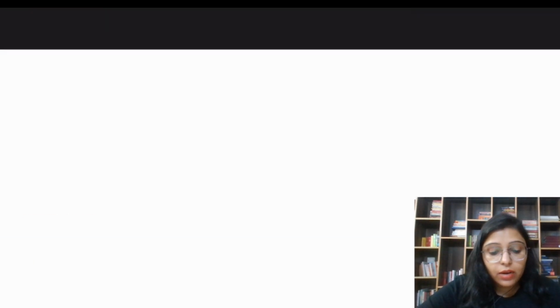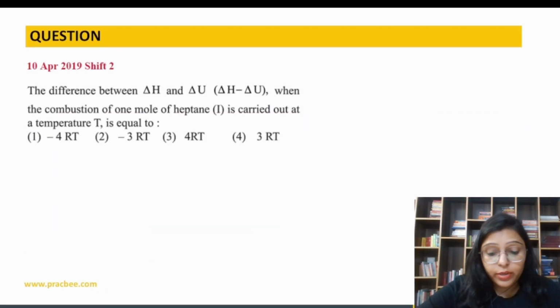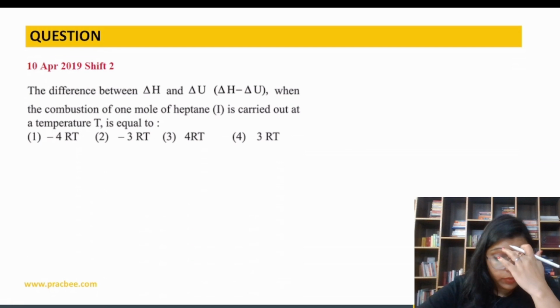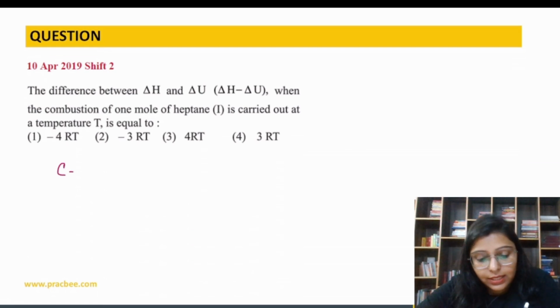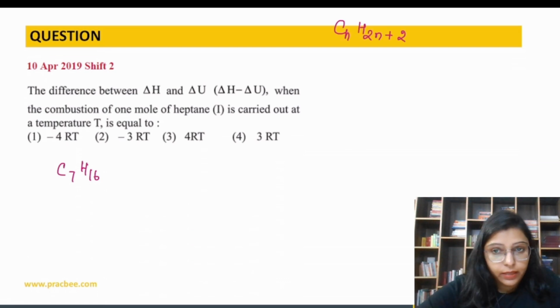Okay, now let's do the next type of question. The difference between delta H and delta U when the combustion of 1 mole of heptane is carried out at a temperature T is equal to. So this is the reaction. Heptane is C7H16, CnH2n plus 2, that is the general formula for alkane.